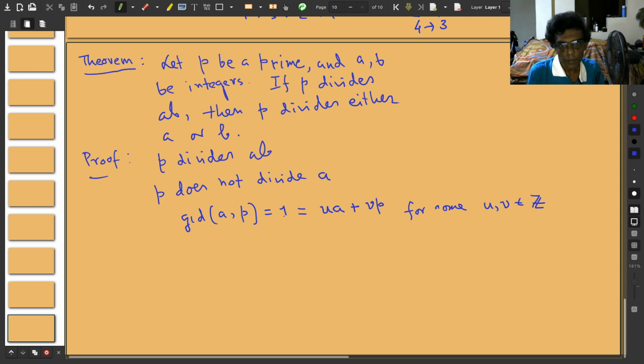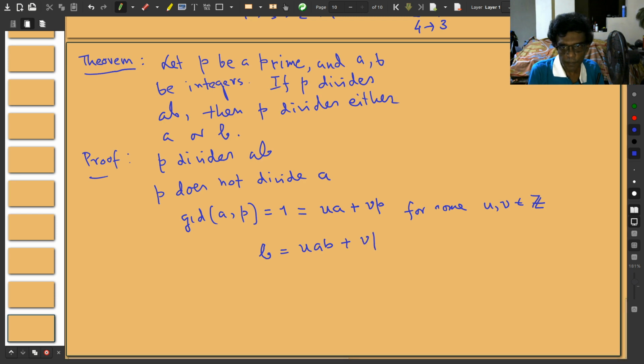But if I now multiply this equation by B, what do we have? UAB plus VPB. But I have assumed that P divides AB, so this term will contribute a factor of P, and anyway I have a P here, so the right side is a multiple of P. Okay, but the right side is equal to the left side, so B must be a multiple of P.